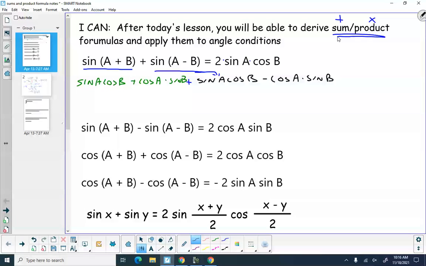Now, if we take a look at our two terms here, I have sine A cosine B, I have cosine A sine B, I have sine A cosine B minus cosine A sine B. Can I cancel any two terms?